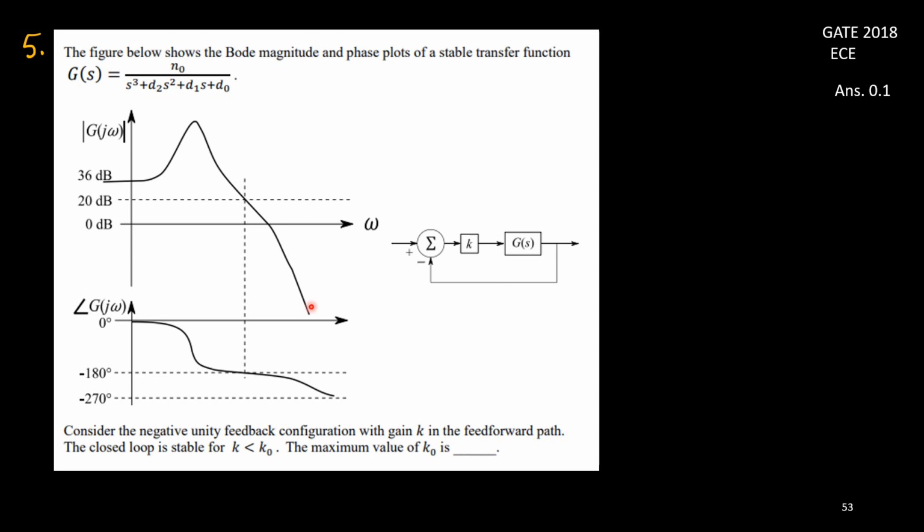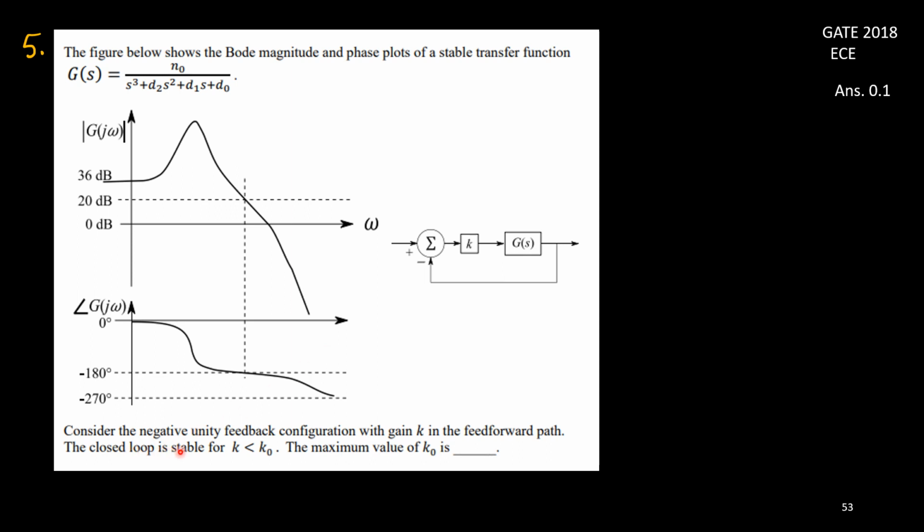But anyway, the question is different. Now here we can put one constant k in this closed loop function, and then we need to find out for what maximum value of k this system will remain stable.